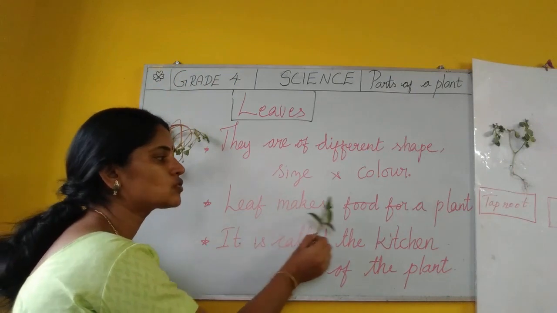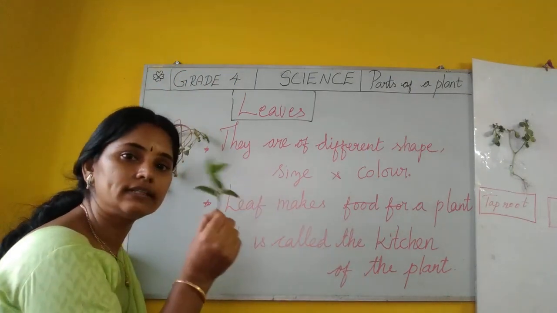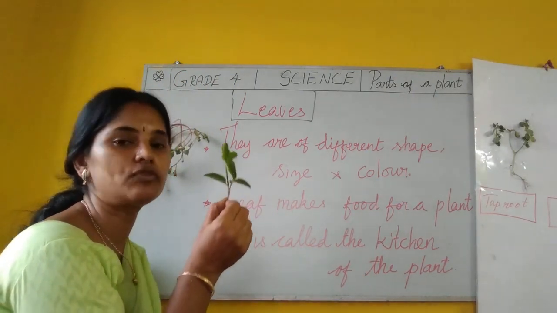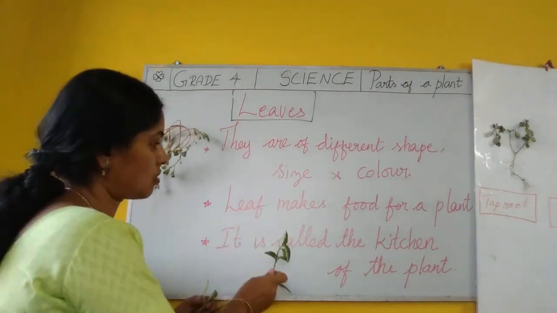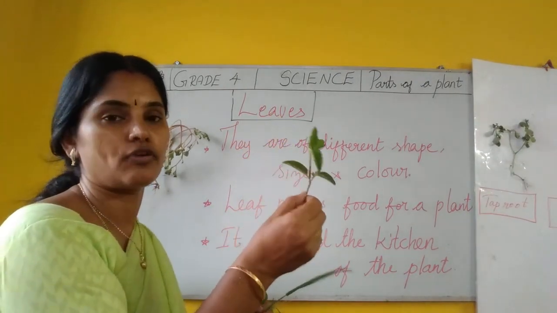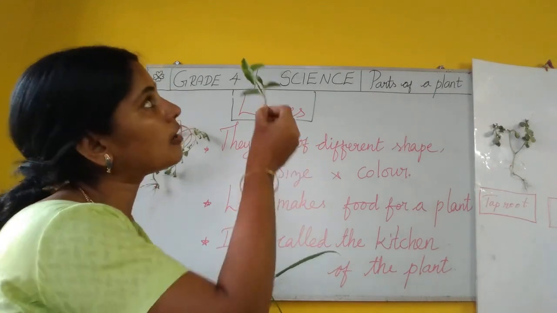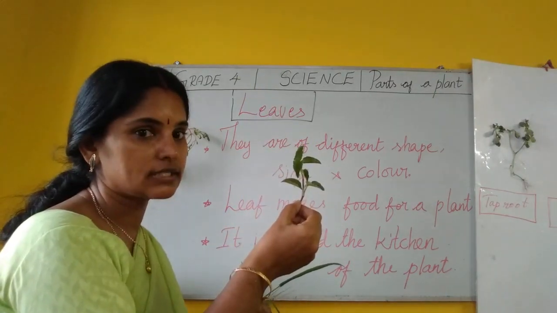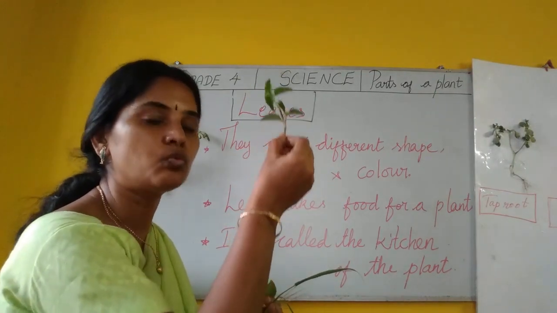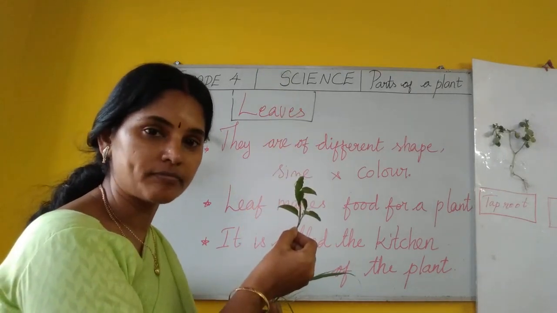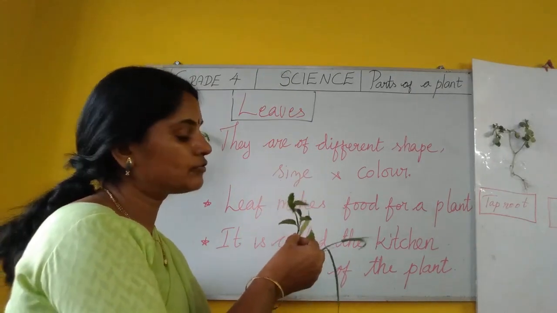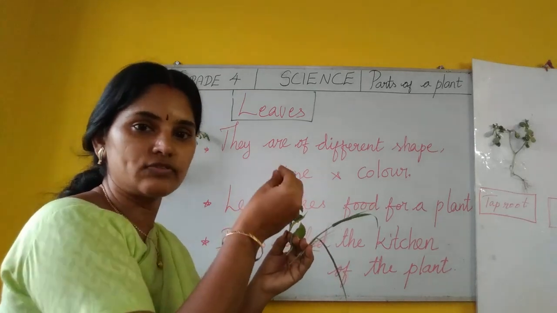Leaf makes food for a plant. This leaf only makes food for a plant. The leaves absorb sunlight and air, and from the root it gets water, no?